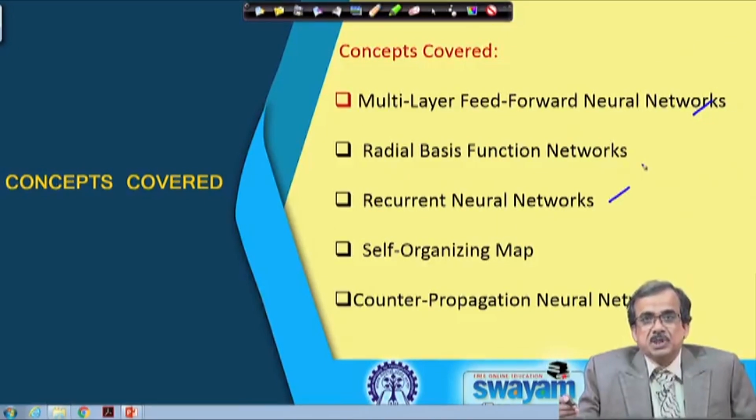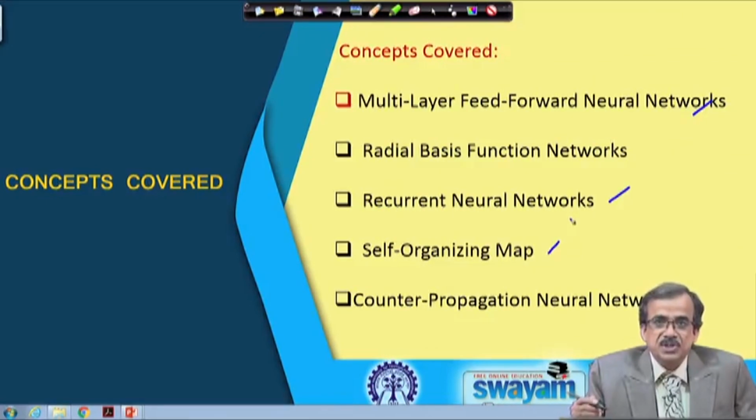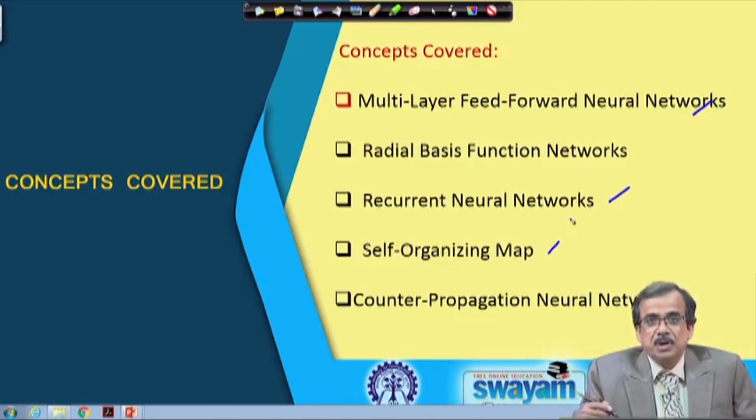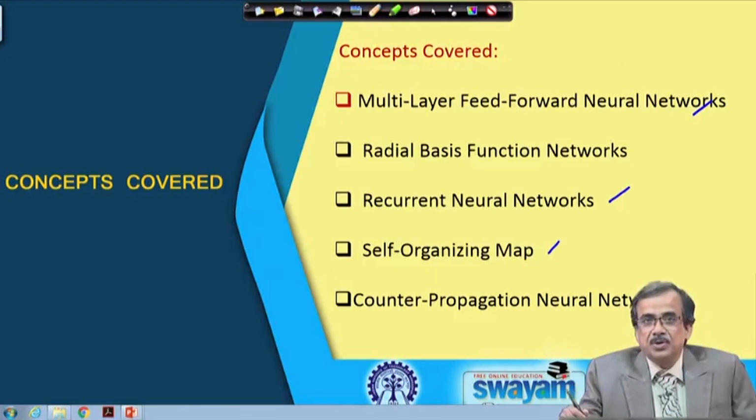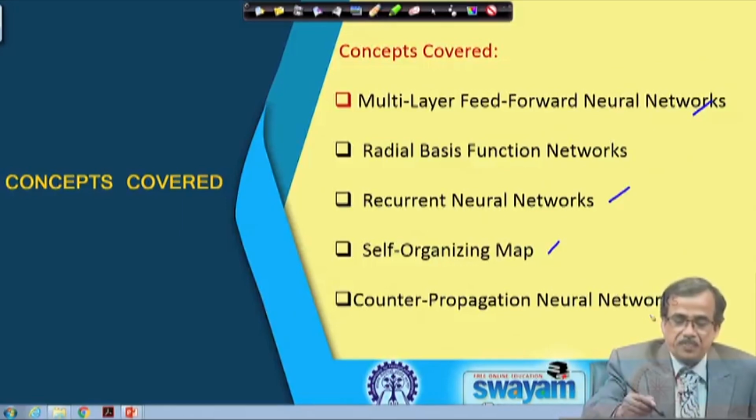We will see the principle of self organizing map or coherent network, and at the end we will try to see the working principle of a counter propagation neural network, and we will solve a few numerical examples also.